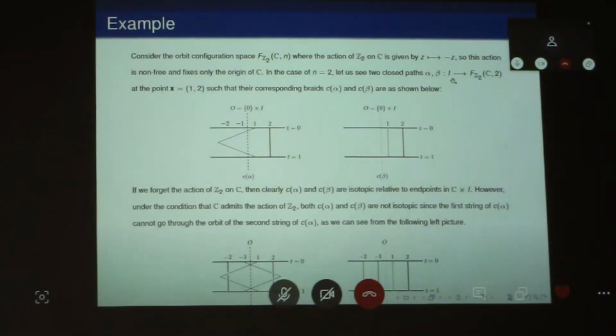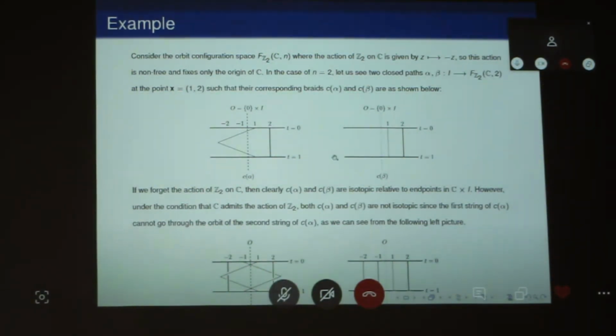Let's look at the two braids from these two closed paths.